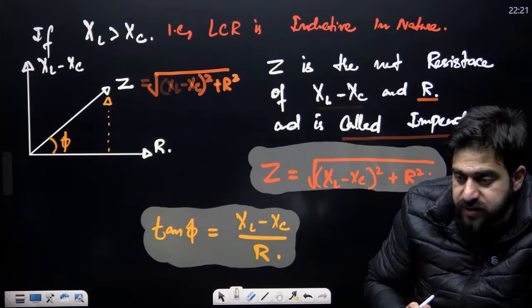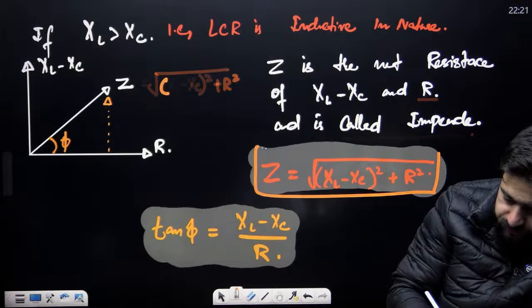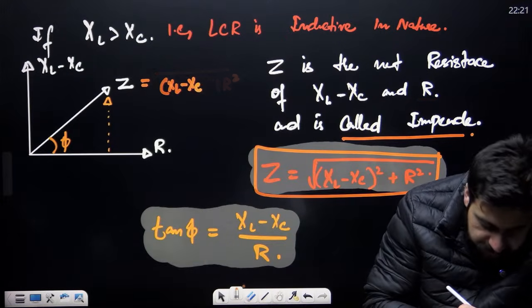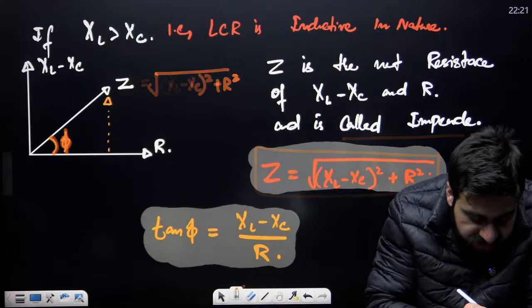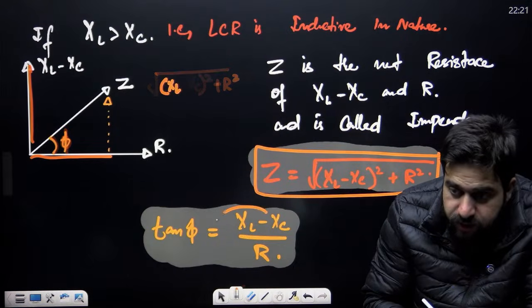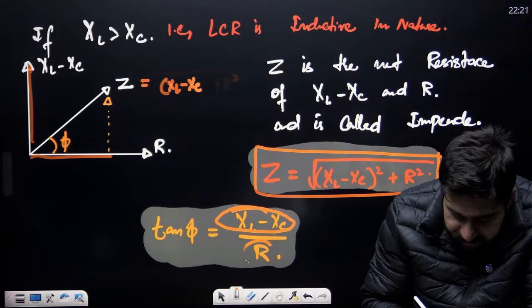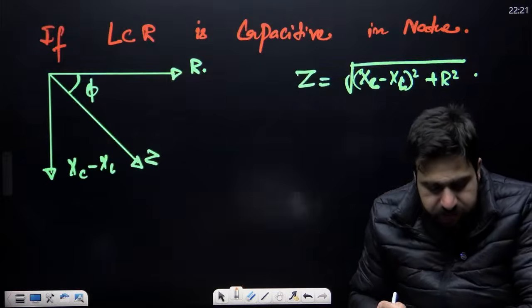This is how we find Z. If somebody says this is at an angle phi, what is the value of phi? Tan phi will be perpendicular by base. Perpendicular is XL minus XC, divided by base, which is R.